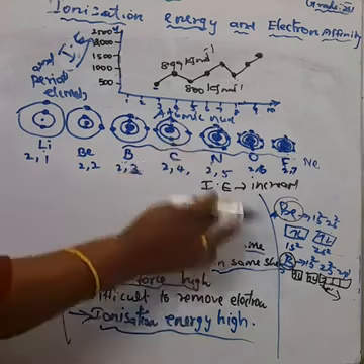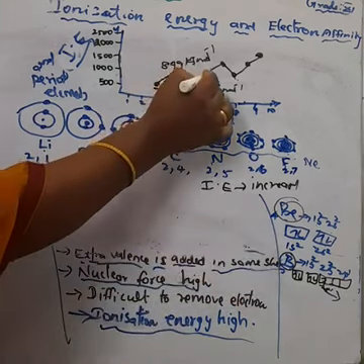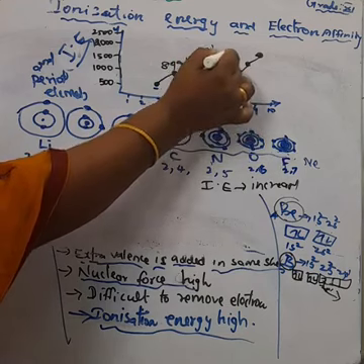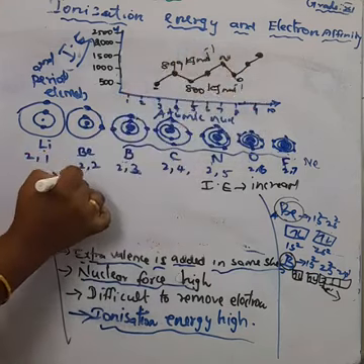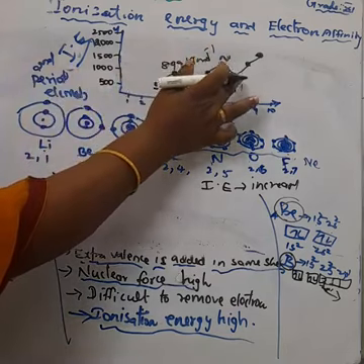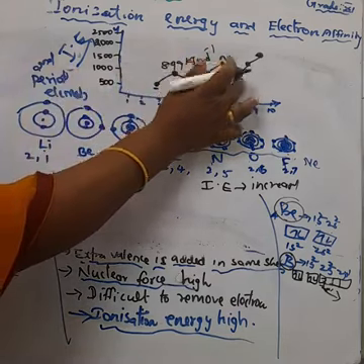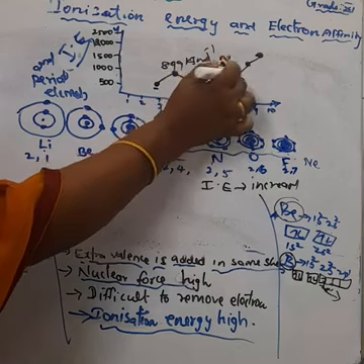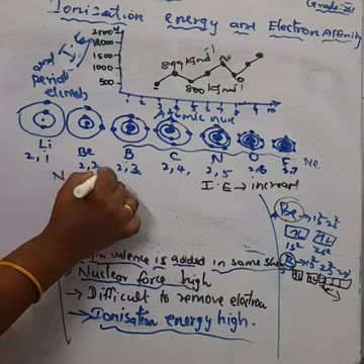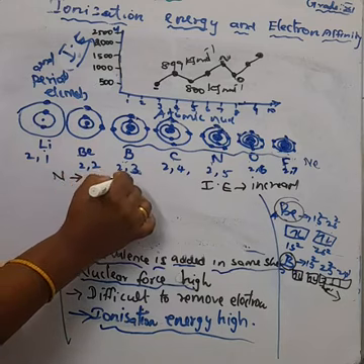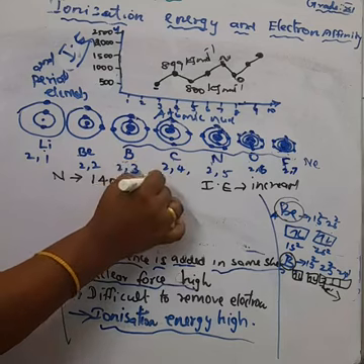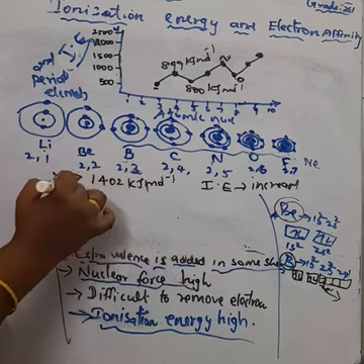Okay, another deviation: nitrogen and oxygen. Actually, the ionization energy for oxygen should be higher than for nitrogen. But here the ionization energy for nitrogen is 1402 kilojoule per mole, while for oxygen it is 1314 kilojoule per mole.